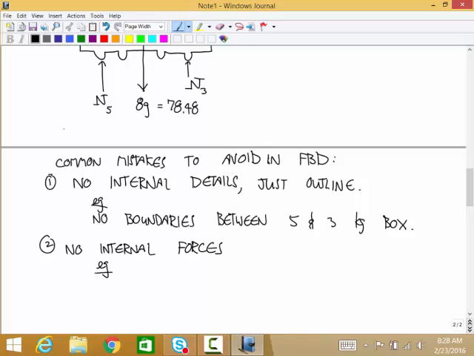So the way this is coming up in this problem is you don't want to include the contact force, or the contact forces, between the 5 and the 3 kilogram boxes.